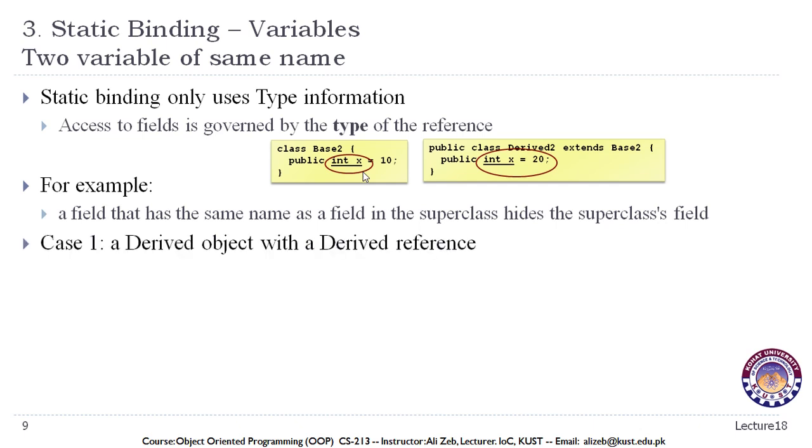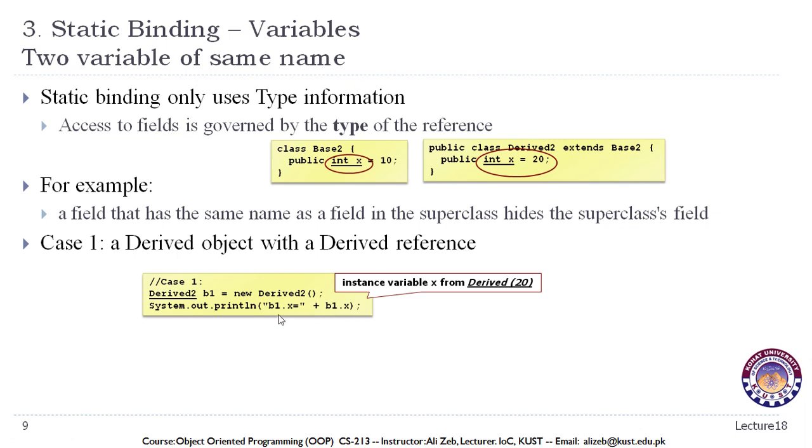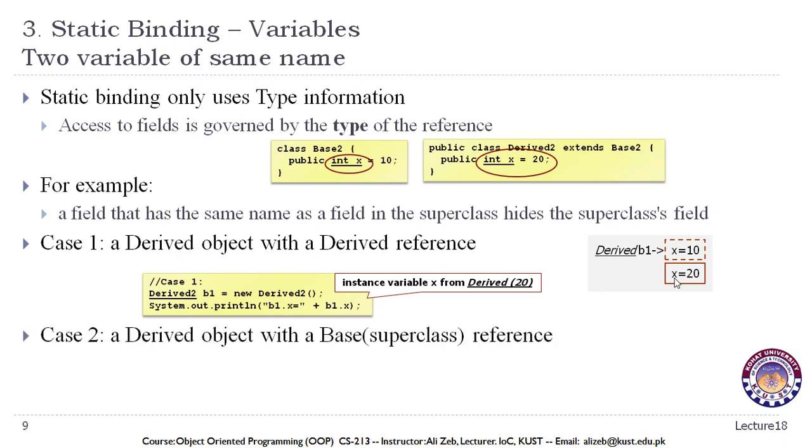So what should happen is, when we declare an object of this subclass using a reference of the subclass and try to print the value of x, this is the value that should be printed, and the superclass variable will be hidden by the variable of this subclass object. So this value will not be printed, and this one will be printed by the object of this subclass.